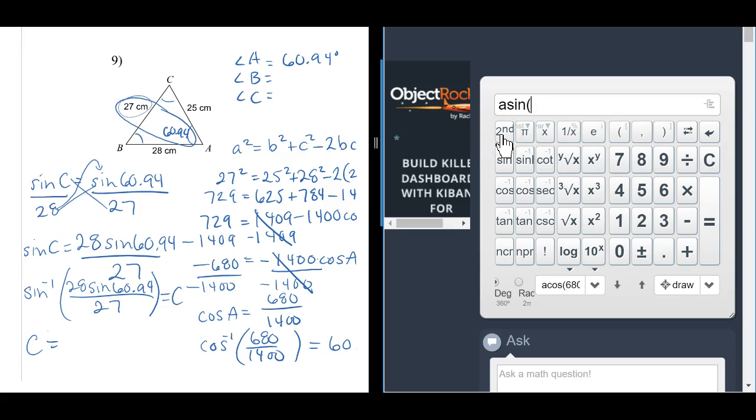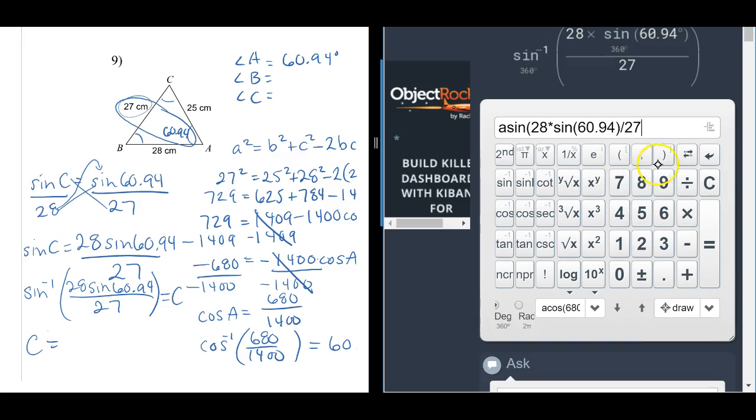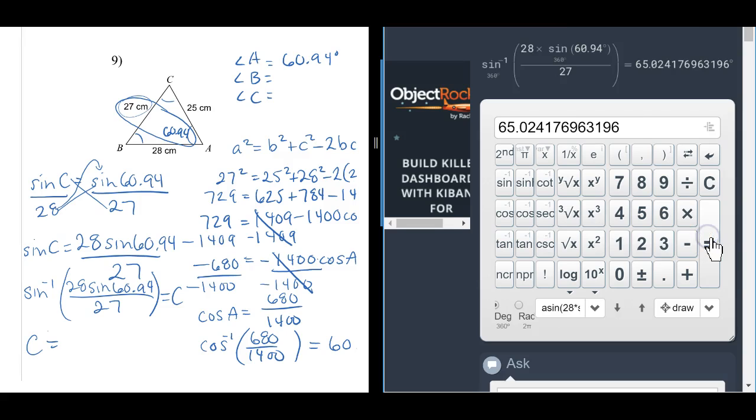Turn the second off, and 28 sine, oops, so we have to specify that we want it to do 28 times sine, not the sine of 28, and then sine of 60.94, and then divide by 27. And then verify up top to make sure that looks like what you set up in your problem, and it does. So that equals 65.02. So over here, 65.02 degrees.